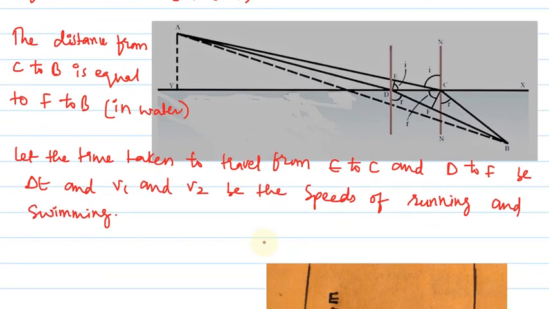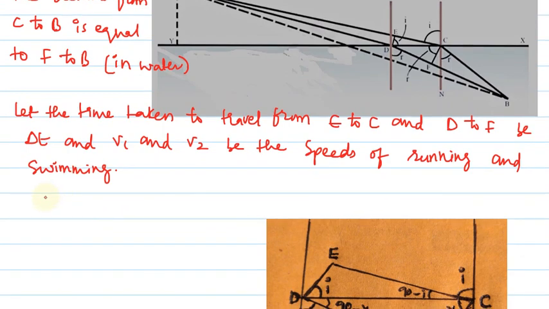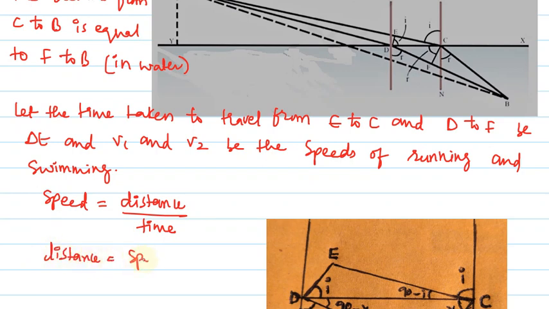Okay. So now we can write speed is equal to distance upon time. We want distance EC, that is on land, and distance DF, that is in water. So we can take distance as the subject here. Distance is equal to speed into time. So EC is the distance on land.